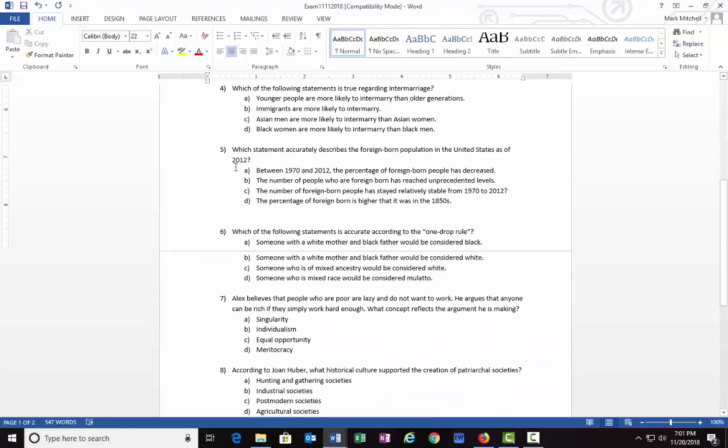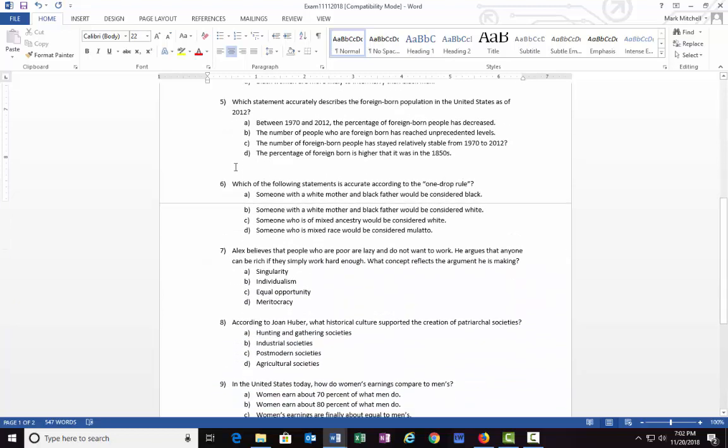Okay, so number 5 is next. I got a few on here. The exam is rather lengthy, so I wanted to again go over some of these and help you on your exam so that you can, of course, not run out of time. Number 5, which statement accurately describes the foreign-born population in the United States as of 2012?